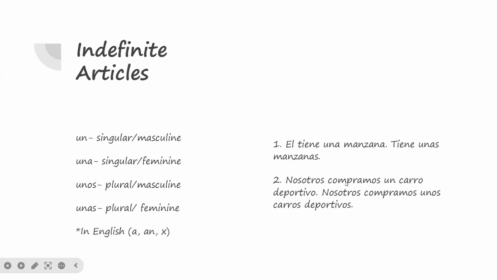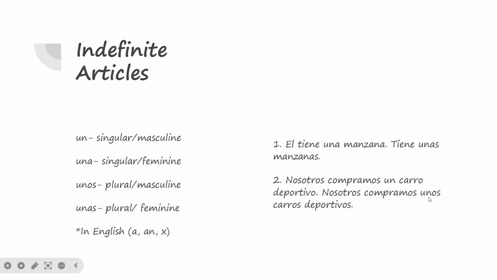Nosotros, so we, compramos, buy, un carro deportivo, a sports car. So we bought a sports car, or we buy a sports car. That is one, so we use un carro deportivo. Remember, we always put the adjective at the end. So that is one, and it is masculine. So we use un. Nosotros compramos unos carros deportivos. So it's the same.